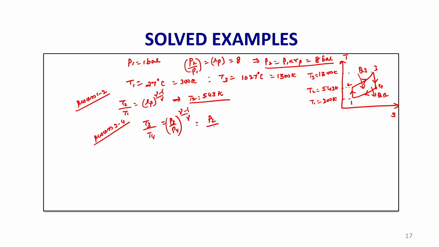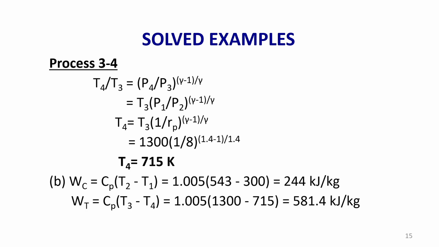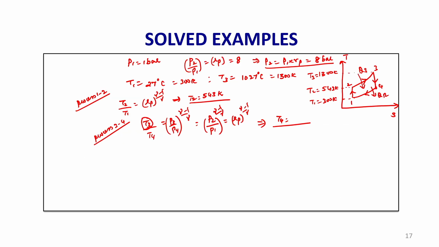Similarly 4 to 1 is a constant pressure heat rejection process, so P4 is equal to P1, and P2 by P1 becomes the pressure ratio Rp. From this we can find T4 because T3 is given. The value of T4 is 715 Kelvin.